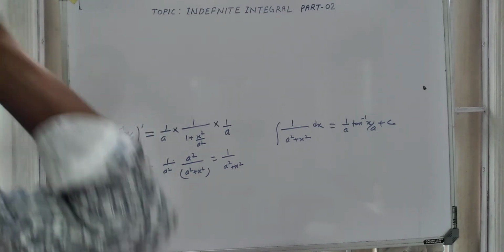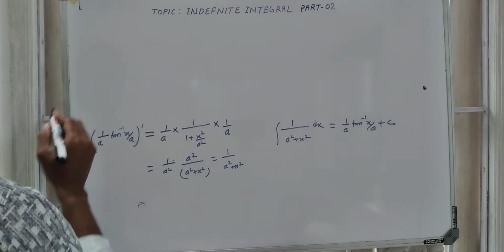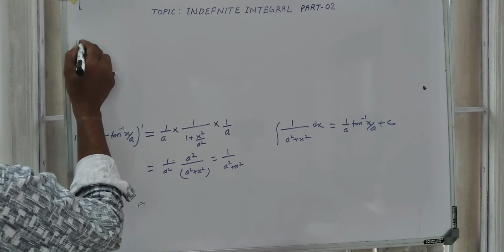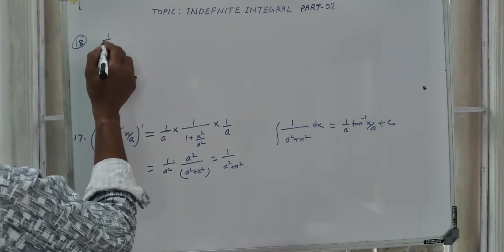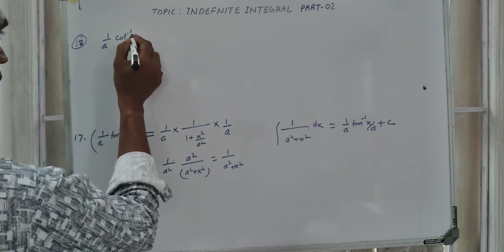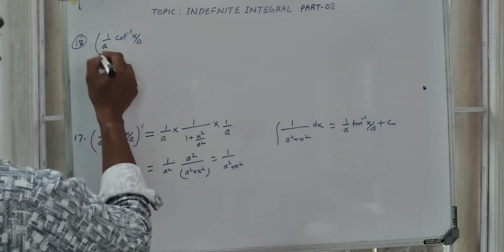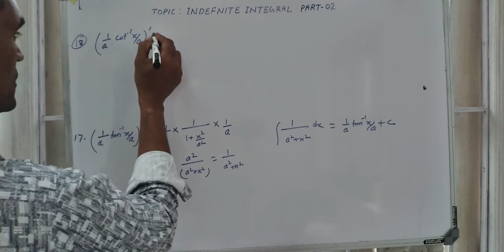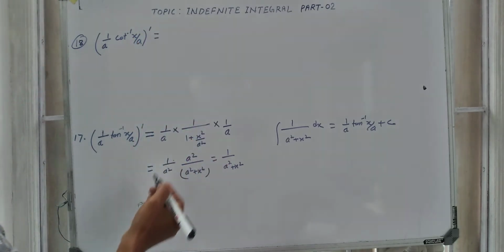Sine, cos, tan. Now cot. So the 18th, again 1 by a cot inverse x by a. The derivative of this is in a similar way.